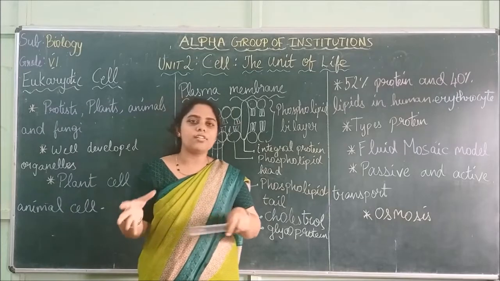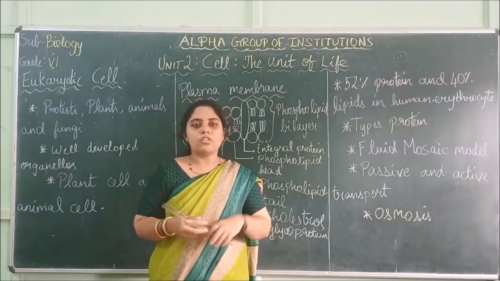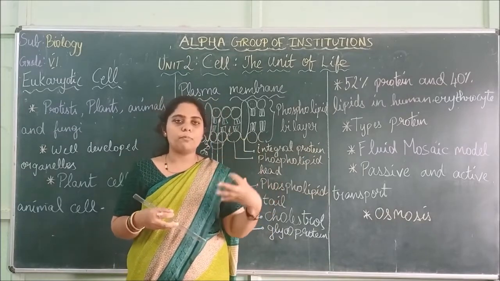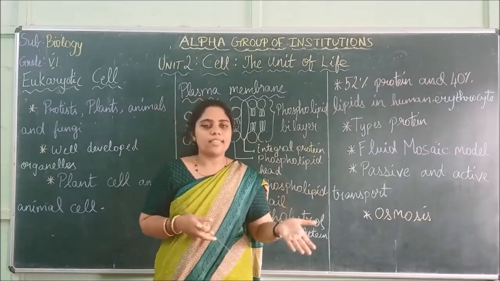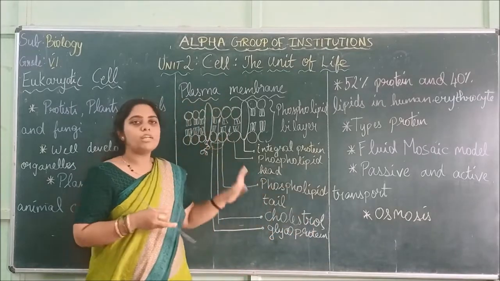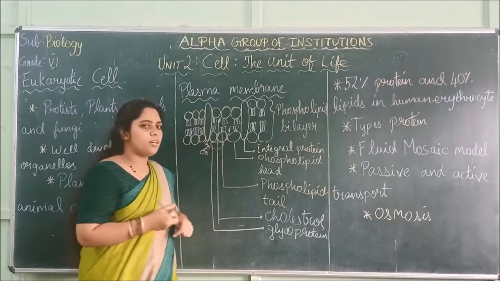It is like a security guard for the whole cell. All molecules cannot enter the cell. It detects what type of component it is, and only then lets it into the cell. This is the main function of the plasma membrane, and we have seen the structure.